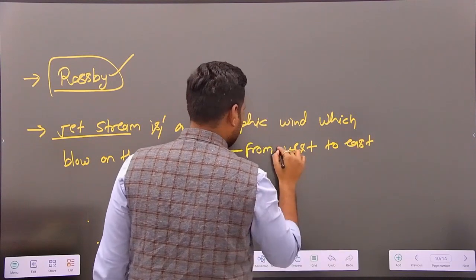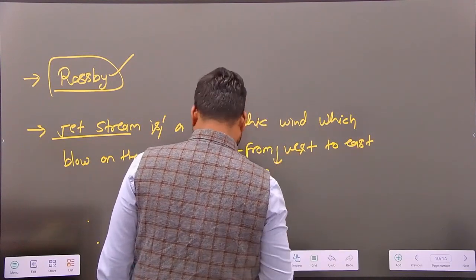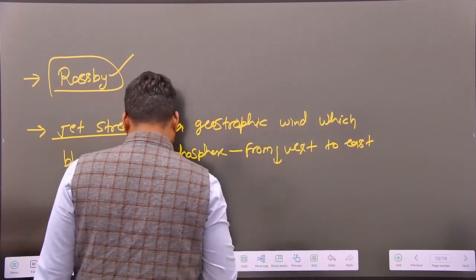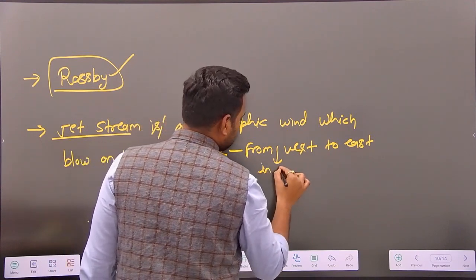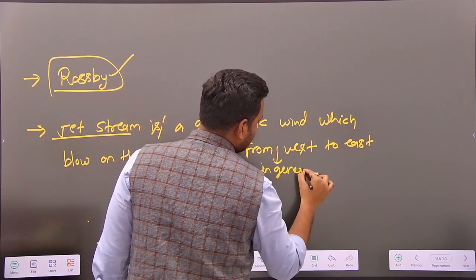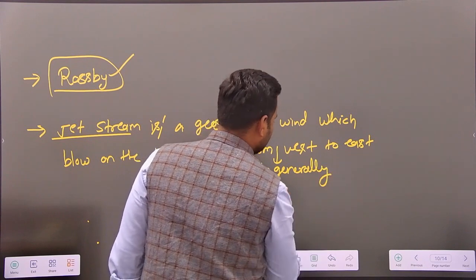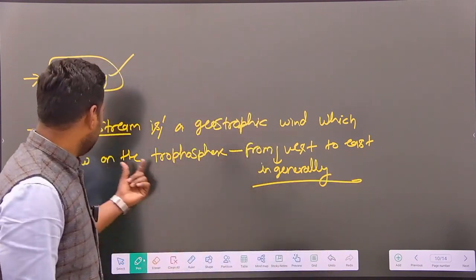In general, jet streams are moving generally from west to east.